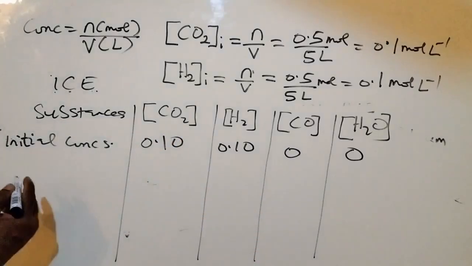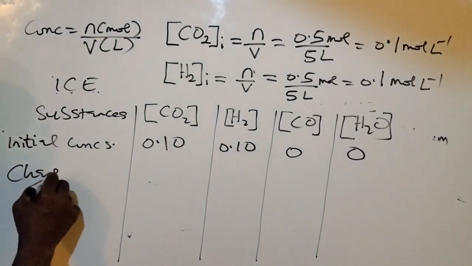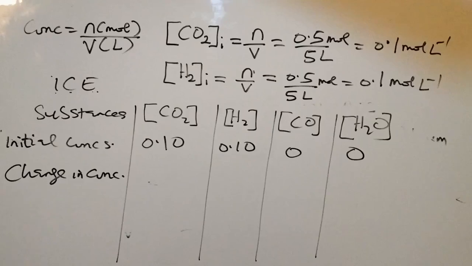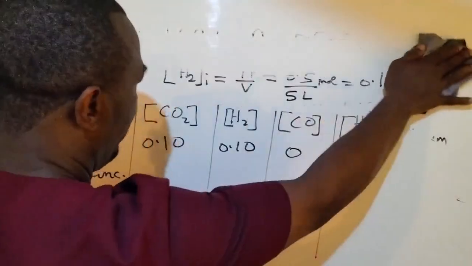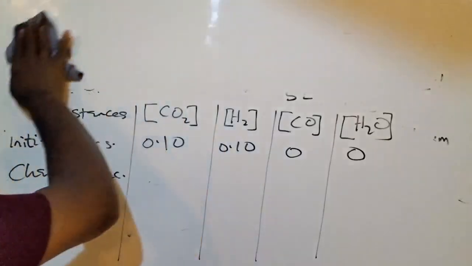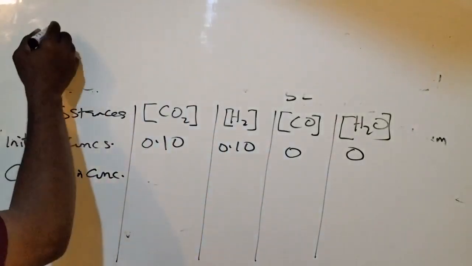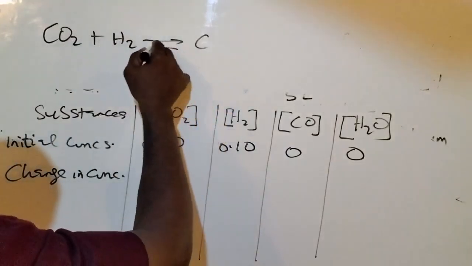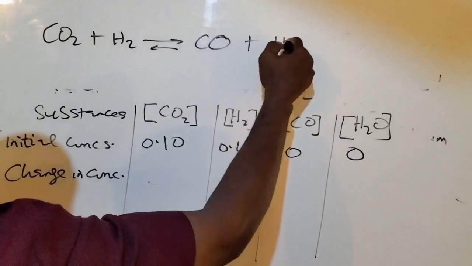Then we now look at the change in concentration. That is C, meaning change. What do I mean by change? Let's go to the equation of the reaction. The equation says CO2 plus hydrogen giving us CO and water vapor.